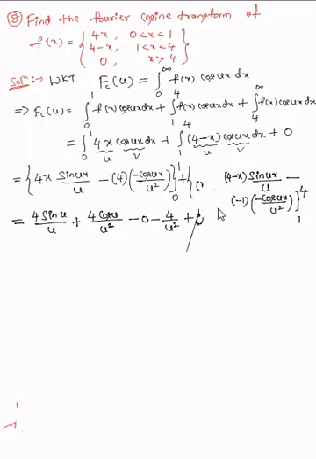So this term was 0. And here minus into minus plus, plus into minus, minus. Now put x equal to 4 here.